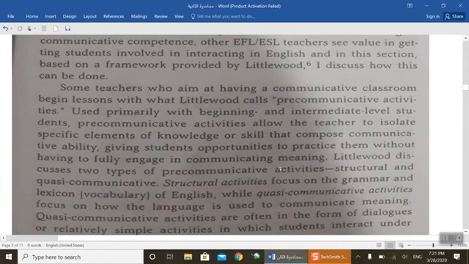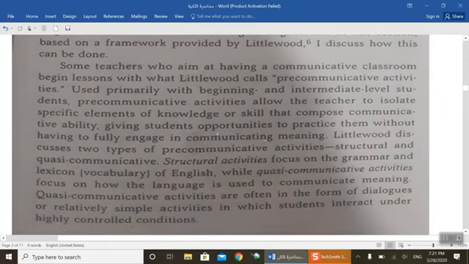These two things are important for pre-communicative activities. Littlewood discusses two types of pre-communicative activities: structural and quasi-communicative.